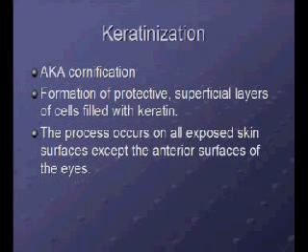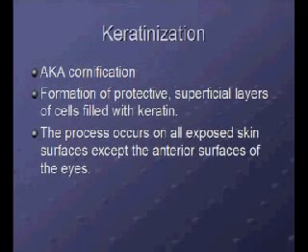Keratinization. This is also known as cornification. This is the formation of a protective superficial layer of cells filled with keratin. The process occurs on all exposed skin surfaces except the anterior surface of the eye.